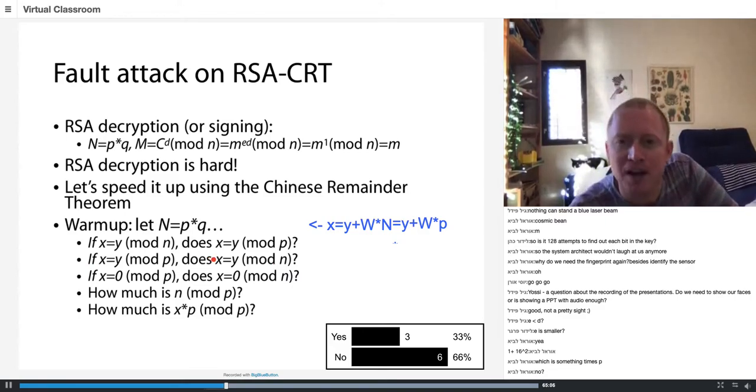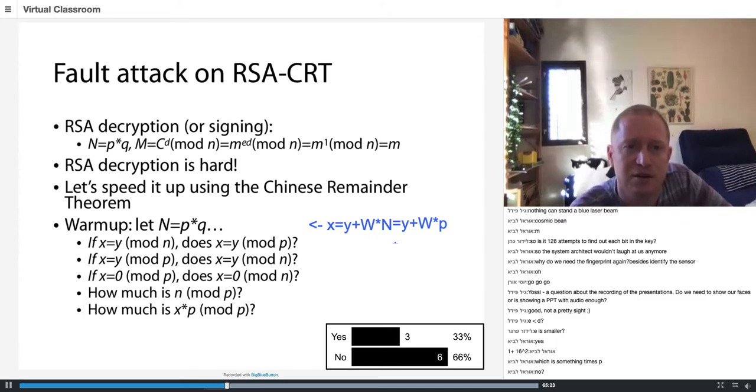Okay, what about the other way around? If X is equal to Y modulo P, does it necessarily mean that X is equal to Y modulo N?